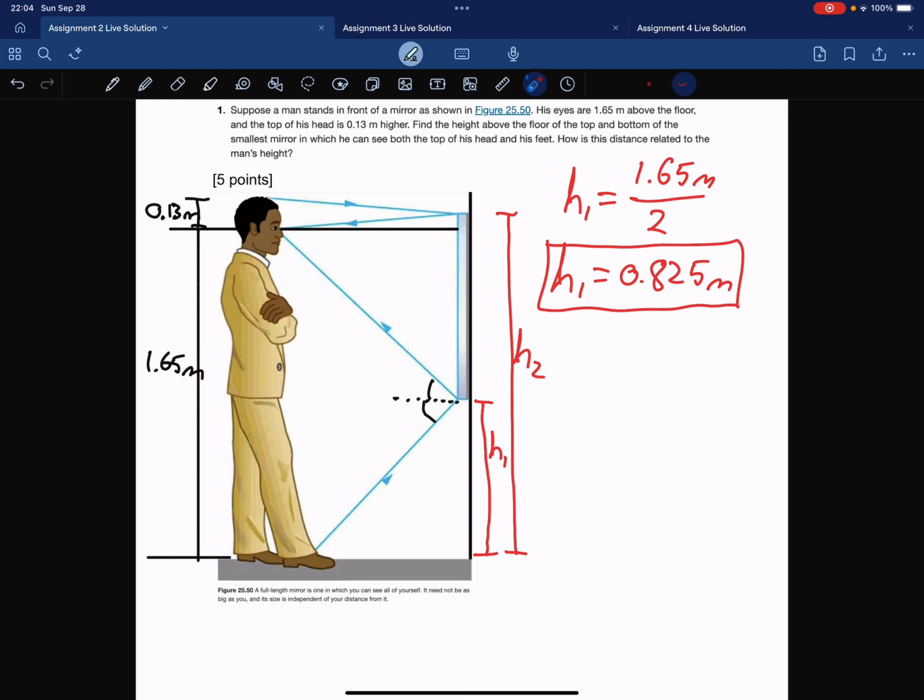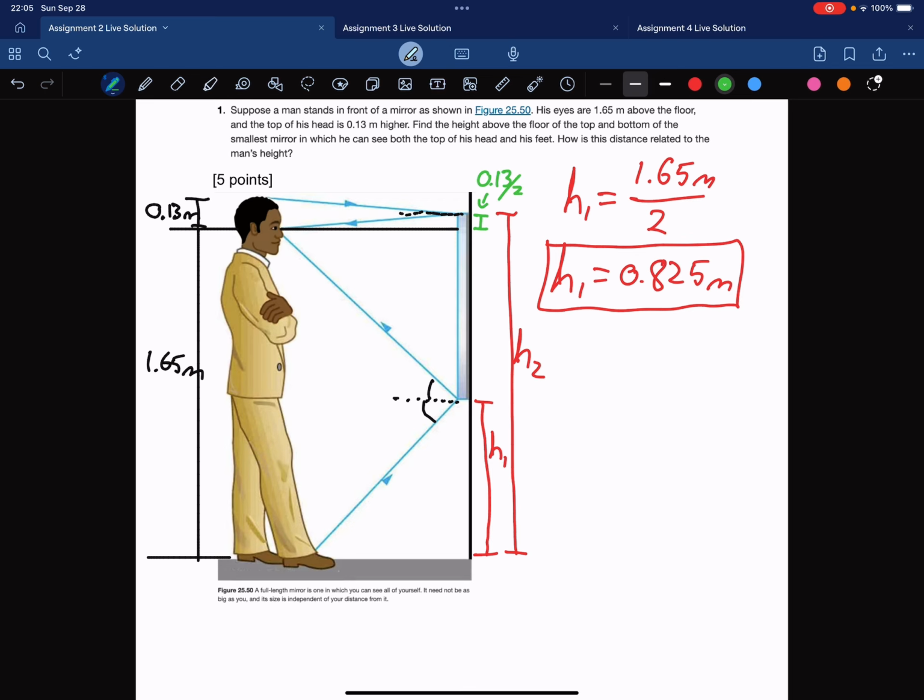Now, again, using the same logic, light coming from the top of his head will reflect back off the mirror at the same angle that it comes in at. So the top of this mirror has to be halfway between his eyes and his head. So that essentially tells us that this little distance right here is going to be half of 0.13.